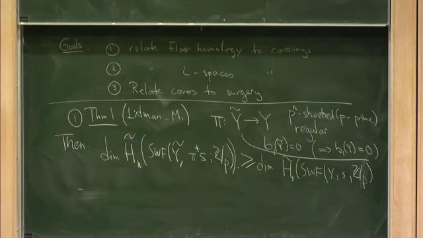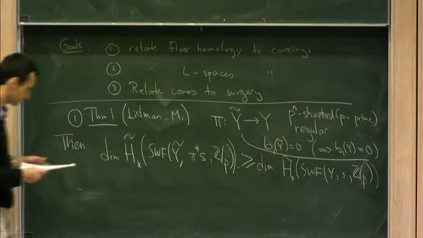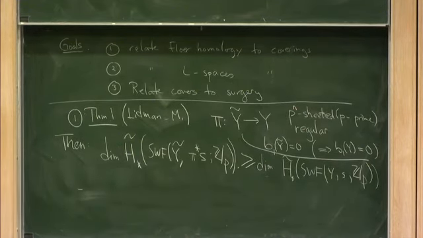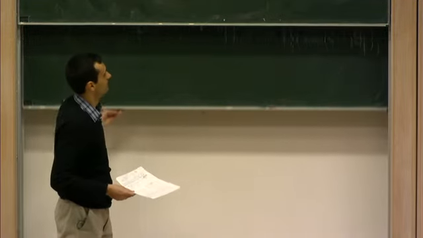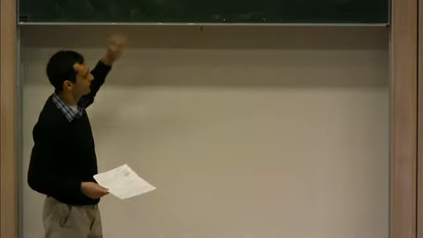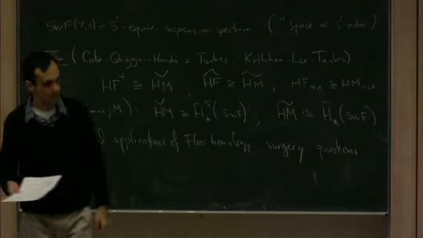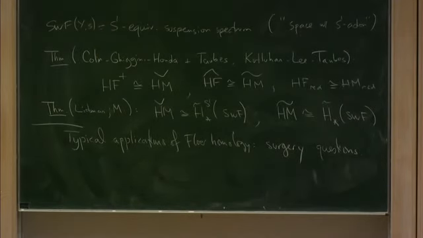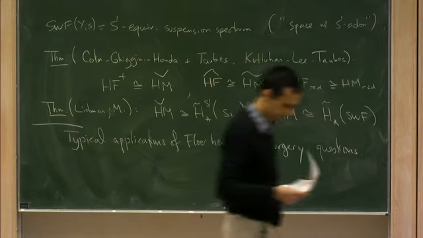So these are Z mod p vector spaces, and we can take their dimension. And this says that basically the total dimension of the Floer homology is non-decreasing under coverings, under those assumptions.